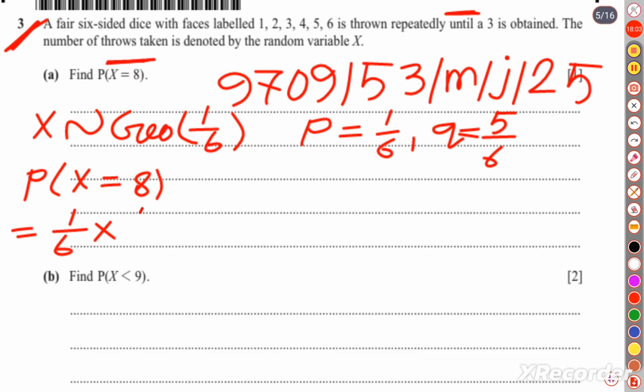So the probability of failing in each throw is 5/6, but we failed 7 times back to back for obtaining a 3. I think you have understood my point. That means we got succeeded once, and previous 7 times it was absolute failure. So the answer is going to be 1/6 times (5/6) raised to 7, equal to 0.0465.